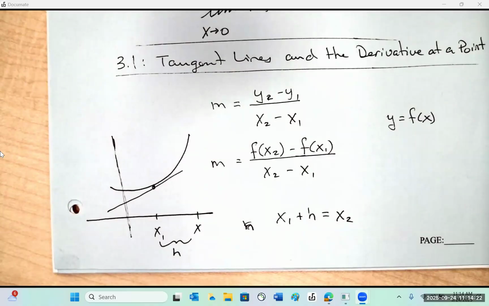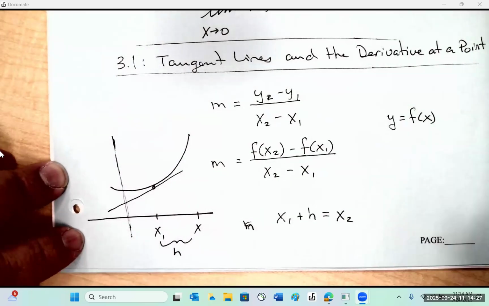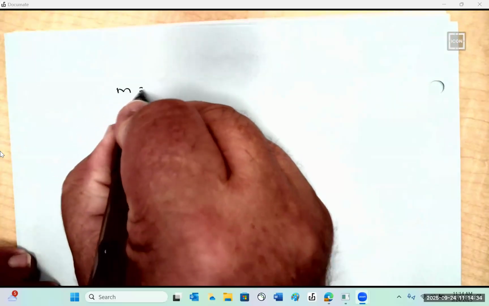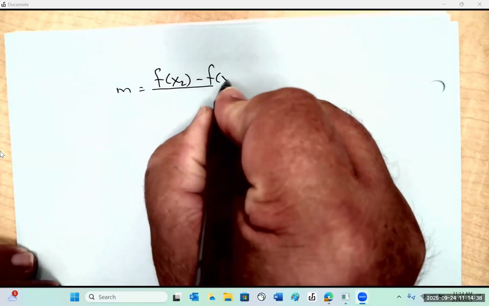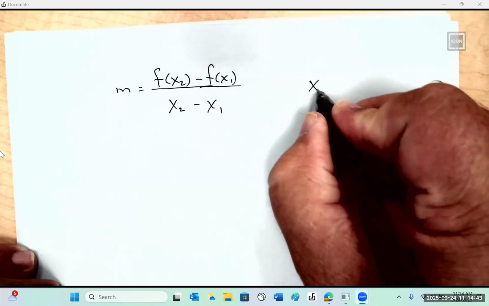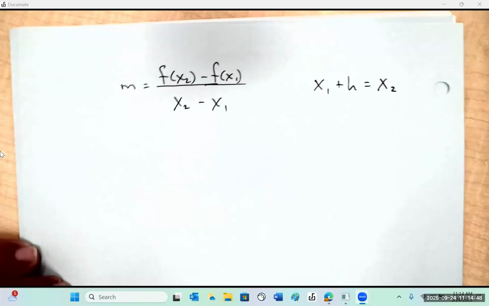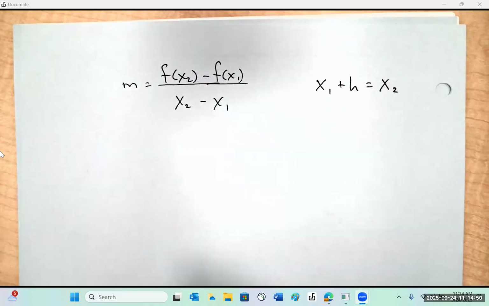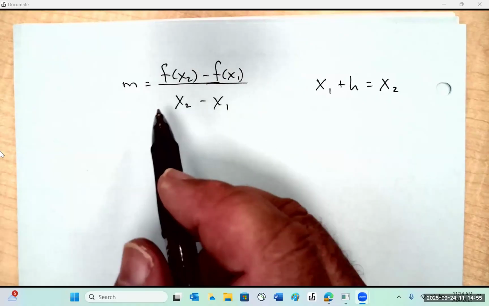Why is that important? Well, because now in our function, and I'll rewrite over here, since we're looking at the slope of a curve at only 1 point, we can only have 1 x.